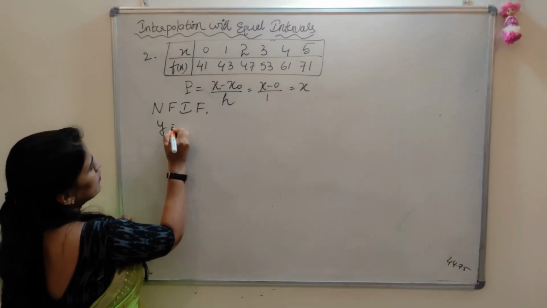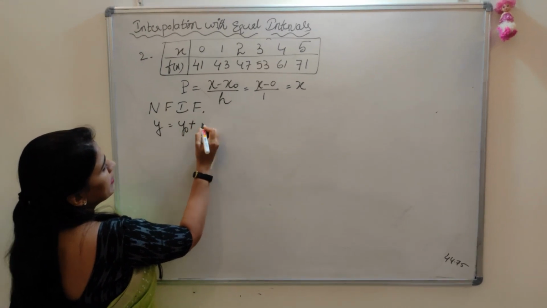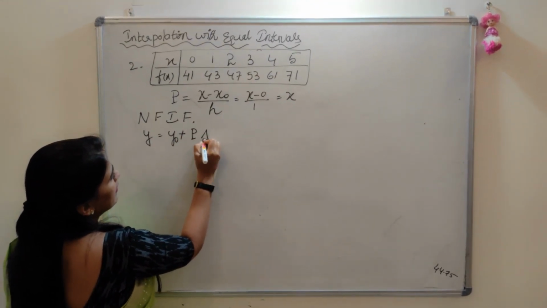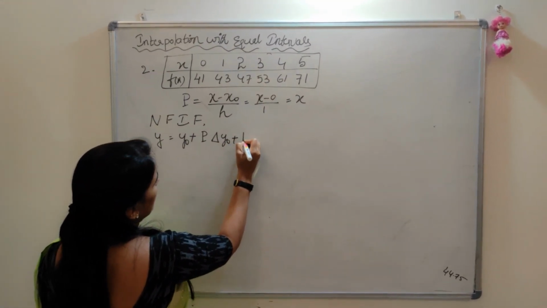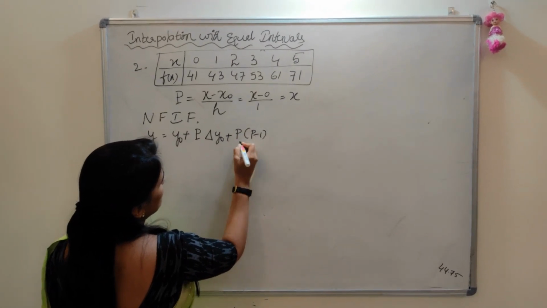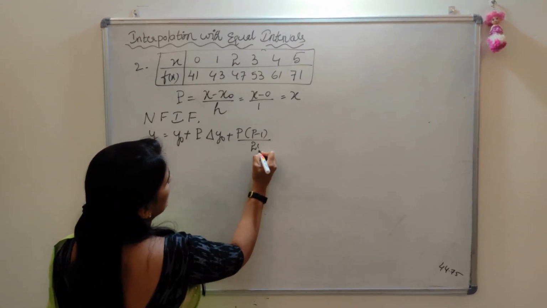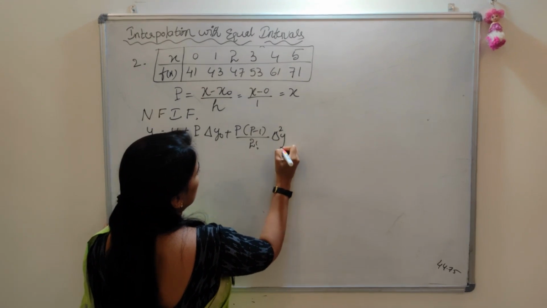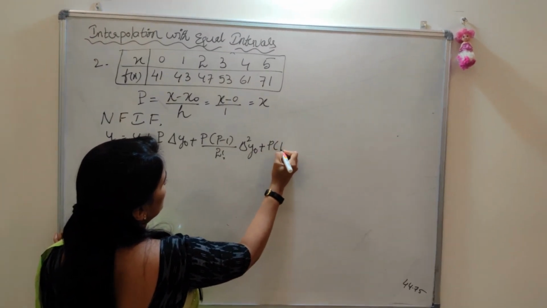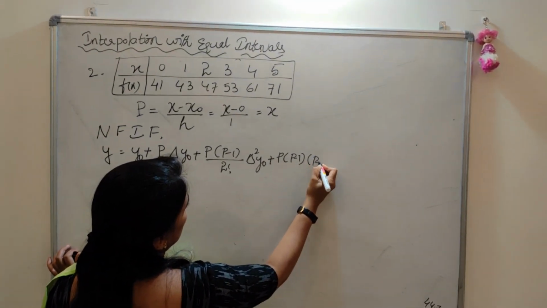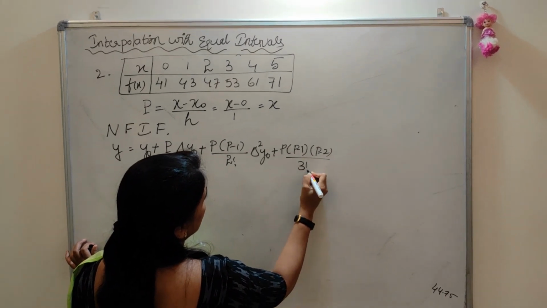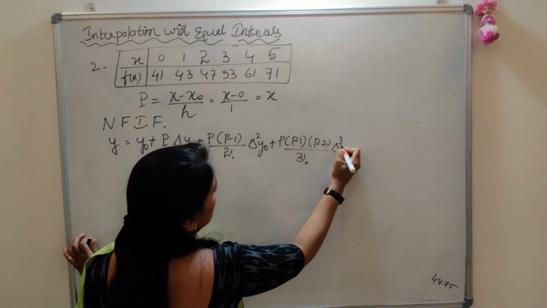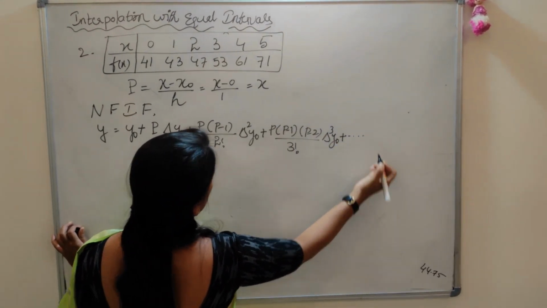So y is equal to y naught plus p into delta y naught plus p of p minus 1 by 2 factorial into delta square y naught plus p of p minus 1 into p minus 2 by 3 factorial into delta cube y naught, and so on.